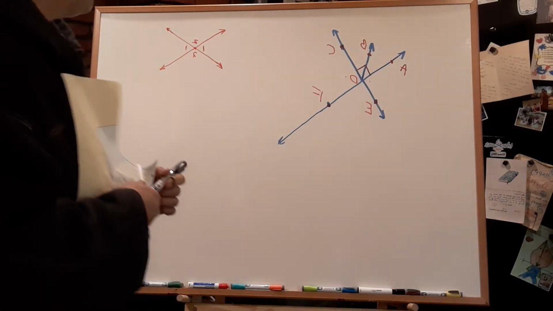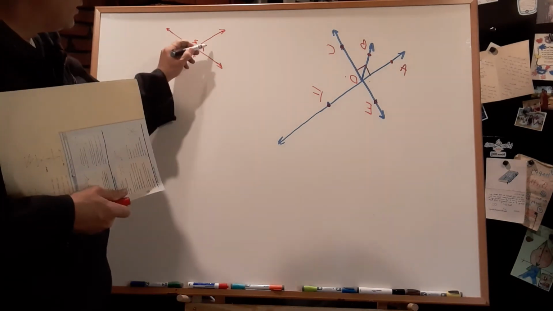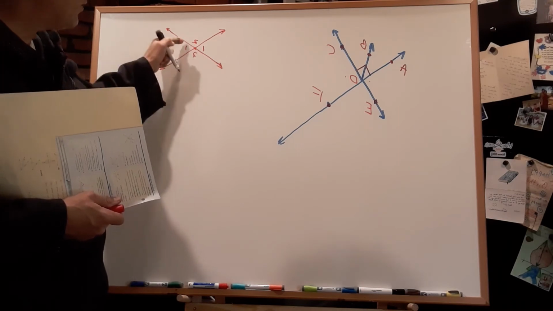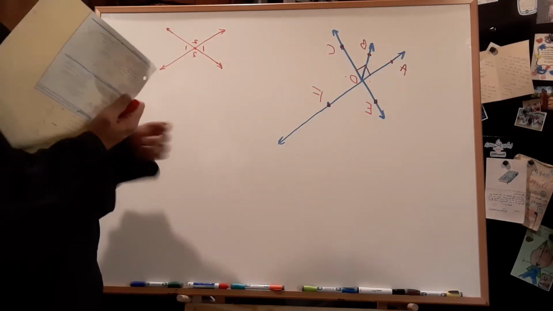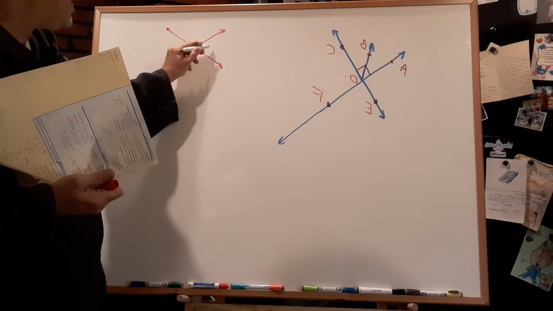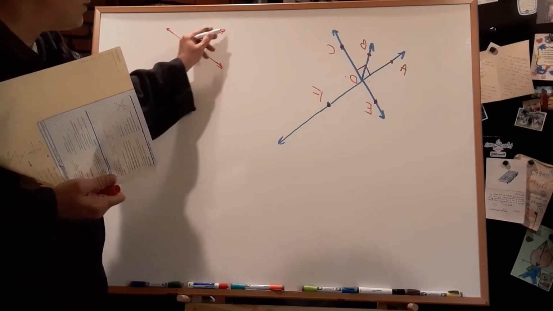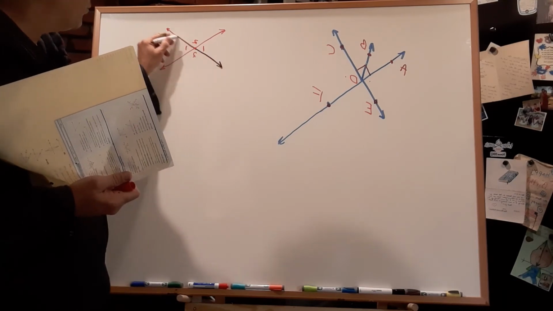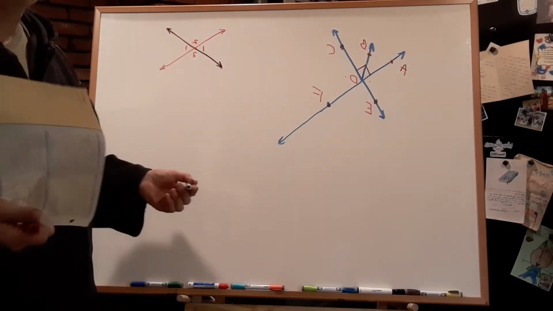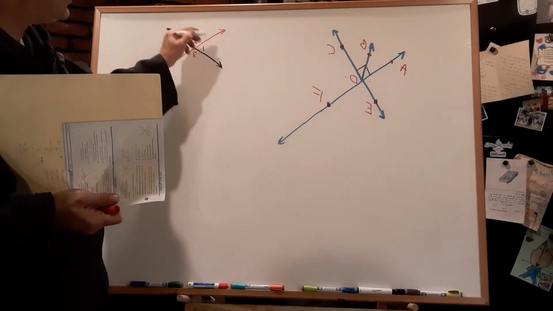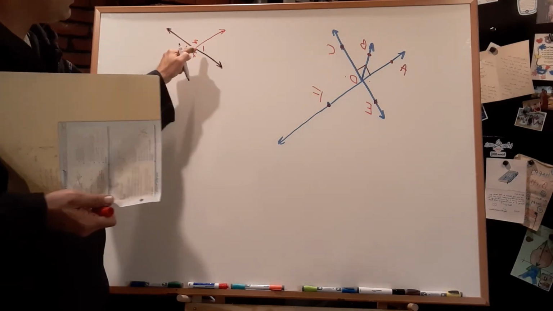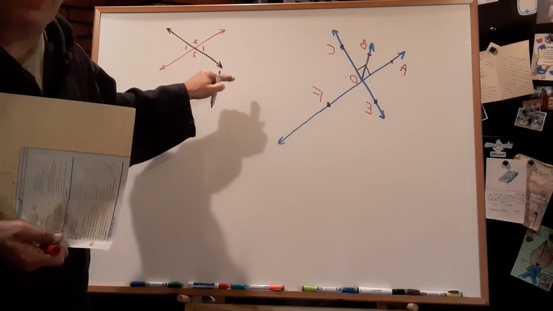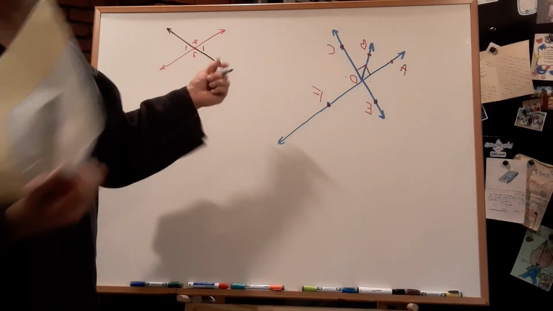So here, two adjacent angles share this ray. Angle 1 and 2 are adjacent, and they're sharing this ray, but they're not sharing these two. That's what a linear pair is: two adjacent angles whose unshared rays are opposite rays.